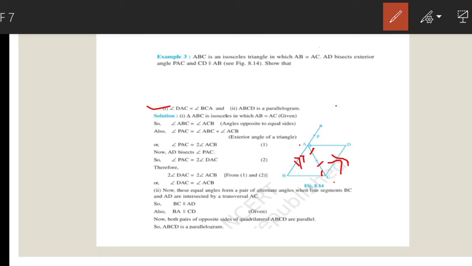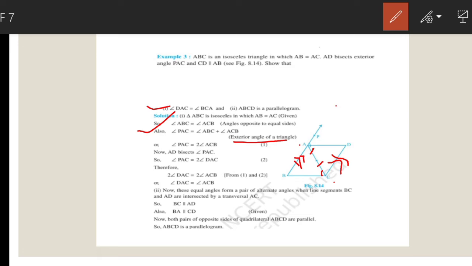So angle ABC is equal to angle ACB. We can say that angles opposite to equal sides are equal. So angles opposite to equal sides will always be equal. Now angle PAC is equal to ABC plus ACB, as it is the exterior angle of a triangle. We know that the sum of the two interior opposite angles is equal to the exterior angle.